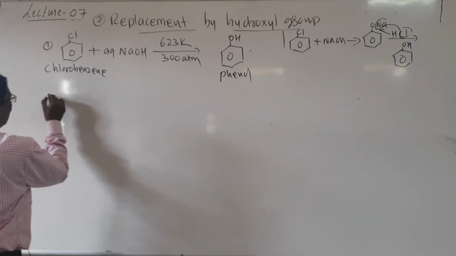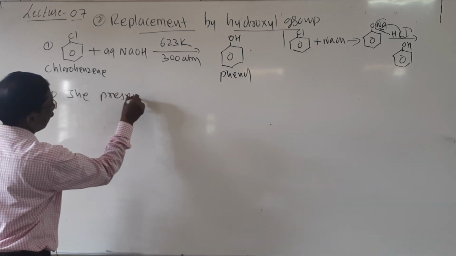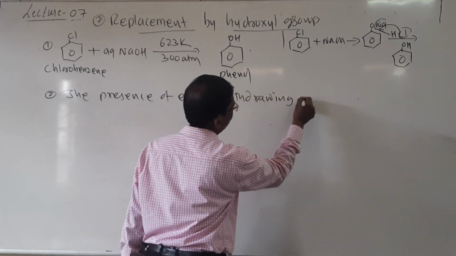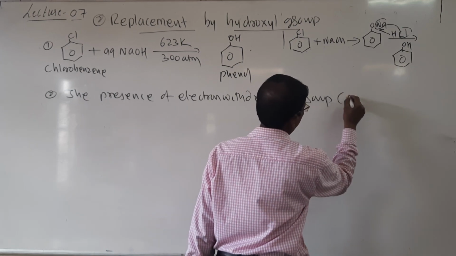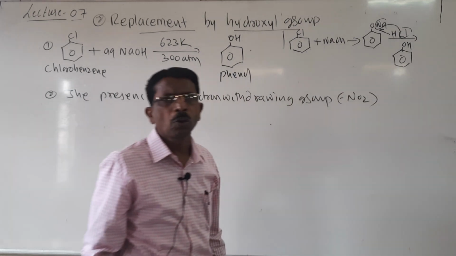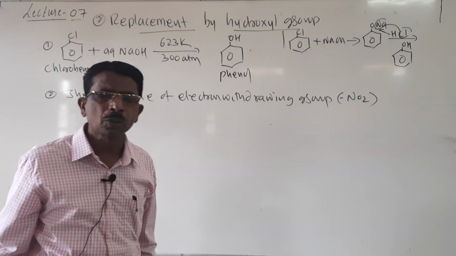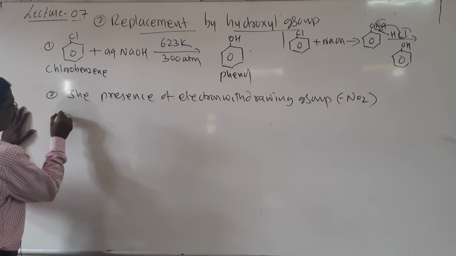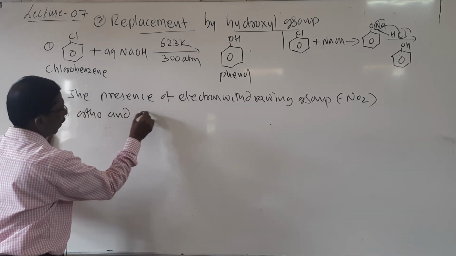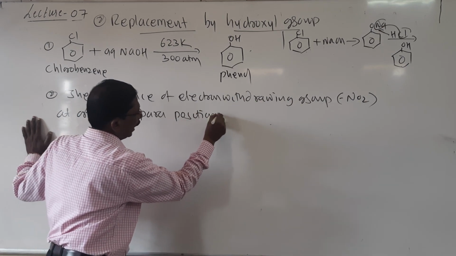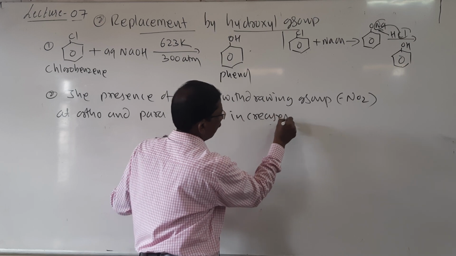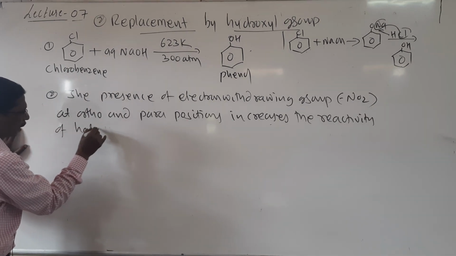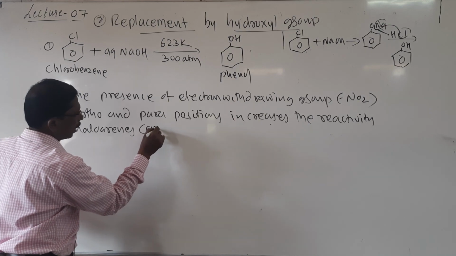So here I will write: the presence of an electron withdrawing group like NO2, or any other group, on the benzene ring, or an electron withdrawing group at ortho and para positions, increases the reactivity of haloarenes or aryl halides.